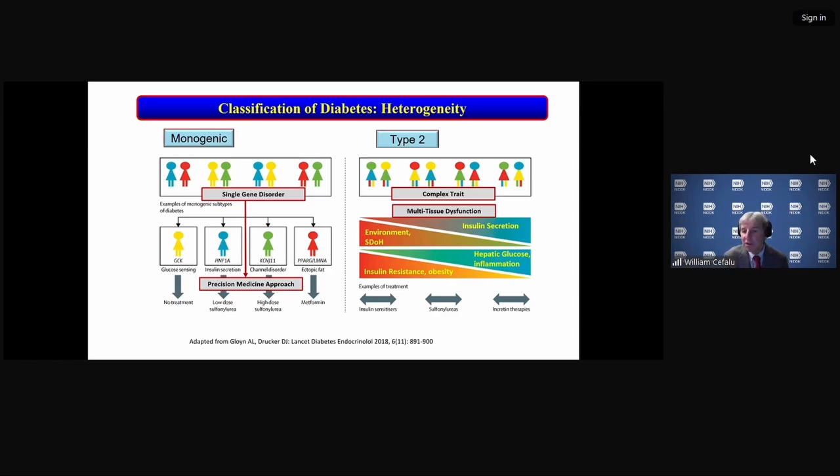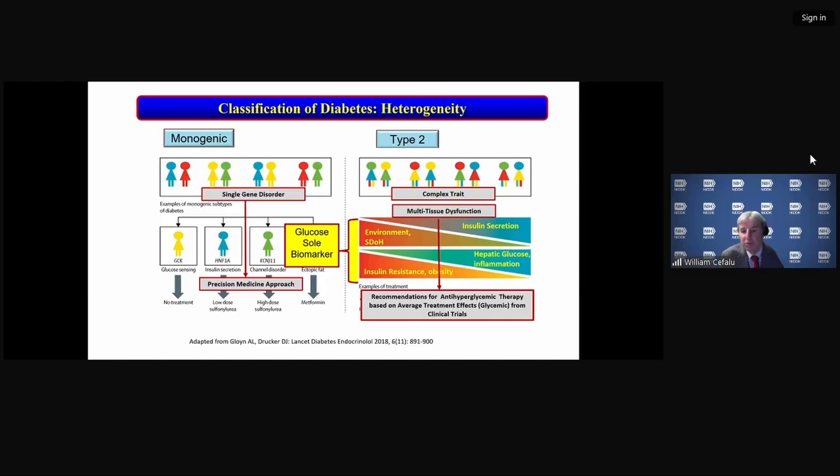Yet today, we define and diagnose this condition with one biomarker, glucose. And we treat individuals with diabetes based on average treatment effects from glycemic levels in multiple clinical trials. There's really no consideration for the underlying pathophysiology when we treat.